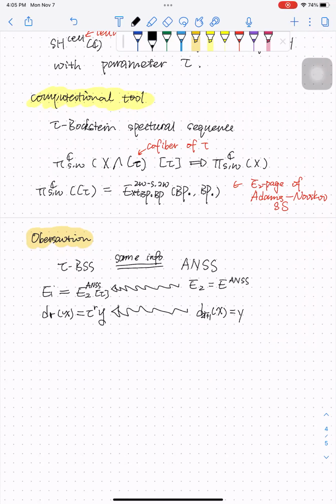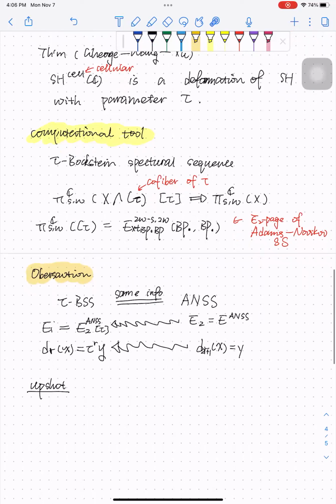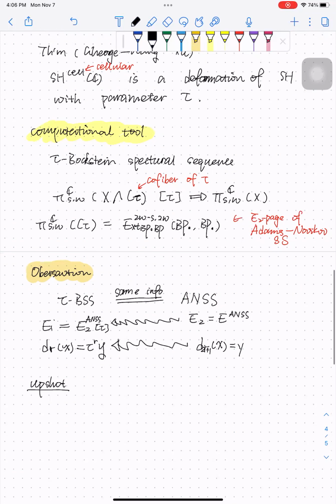The point I want to write down here is that the cellular C-motivic category can be understood as a deformation by tau. If you use the tau Bockstein point of view to calculate the C-motivic stable homotopy groups of a C-motivic spectrum, then the information in the tau Bockstein spectral sequence is contained in the Adams-Novikov spectral sequence, and that's classical information.